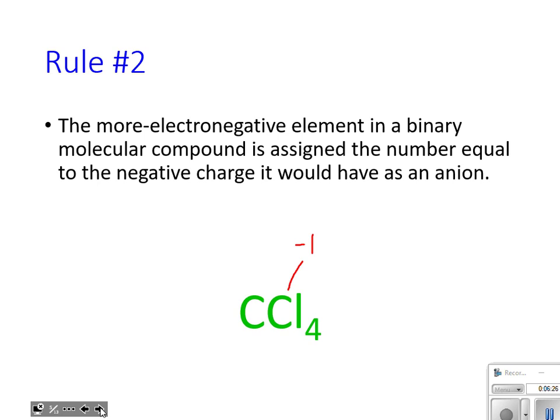I think that's rule number 9. So this compound is neutral, so the sum of the oxidation numbers have to equal 0.